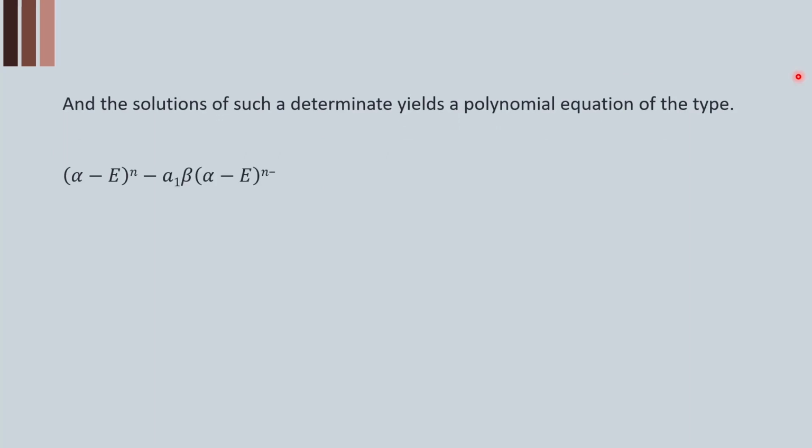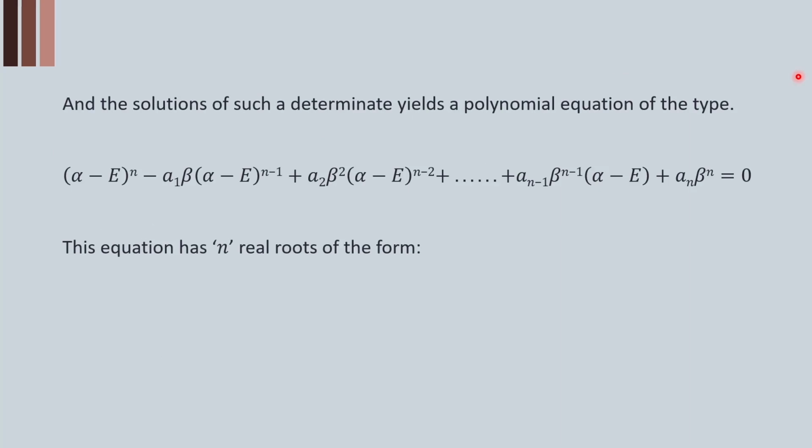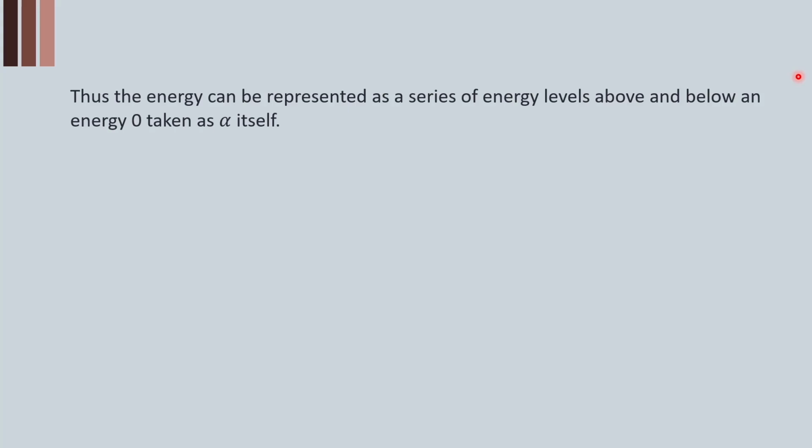If we solve these equations, they are polynomial kinds of equations, and when solved for values of energy, ultimately in terms of alpha and beta we have something like alpha minus E equal to plus or minus m_j beta, where j can have values of 1, 2, 3, etc. So there are two real values, plus values or minus values. Energy can be represented as a series of energies above and below the energy zero in the scale of alpha.